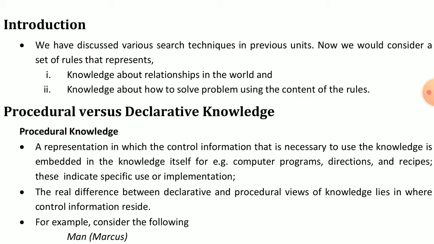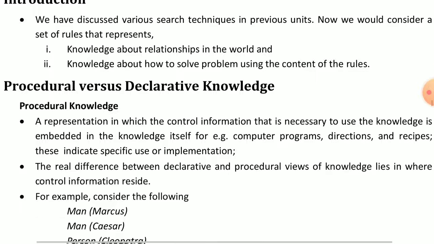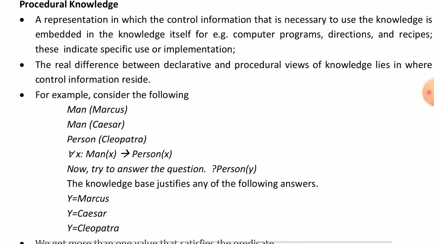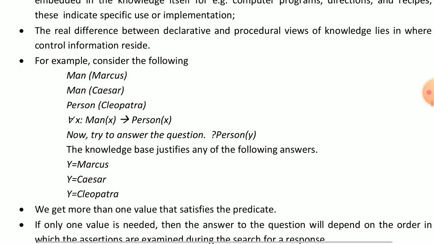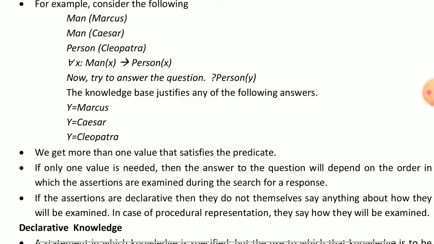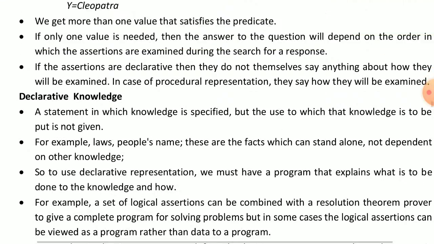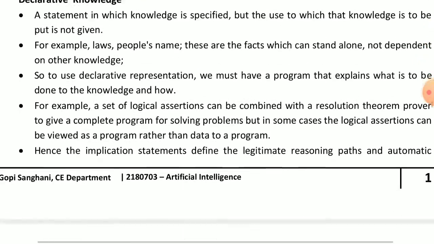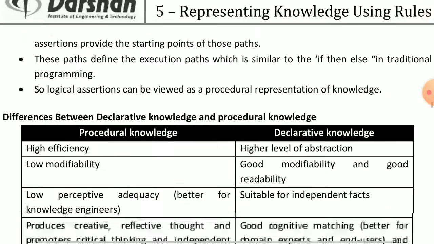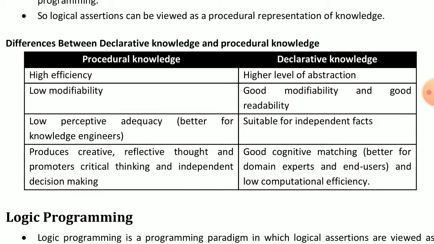First I gave the basic introduction and then I started procedural knowledge, its basic definition and its example. Next is declarative knowledge. Its basic introduction and example are completed. Then I explained the difference between procedural knowledge and declarative knowledge.